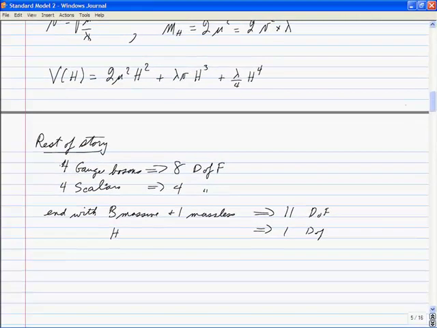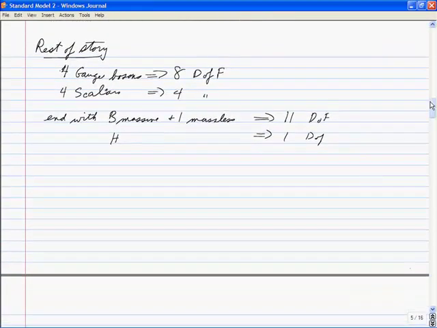Okay? And we do the same trick as before. Let phi be e to the I tau dot pi over v, times 1 over the square root of 2, times (0, v plus h). That's an equivalent representation in the sense of the Higgs theorem.